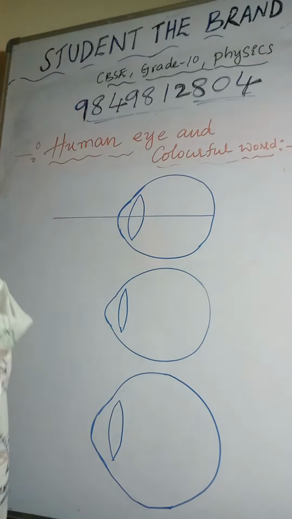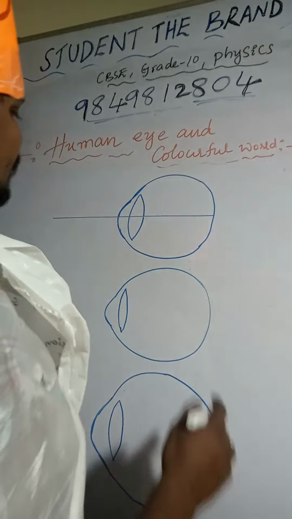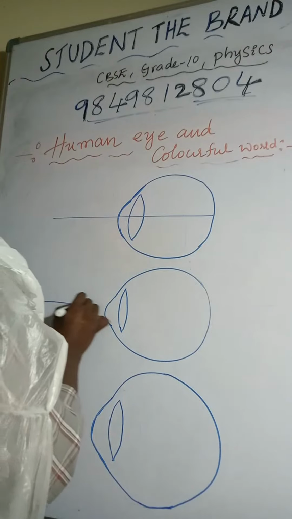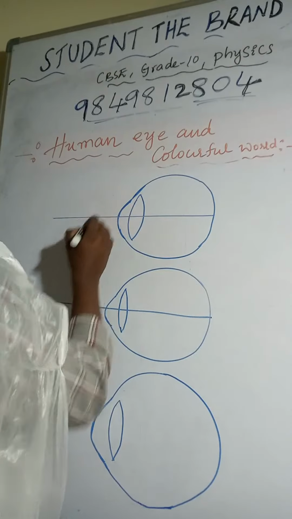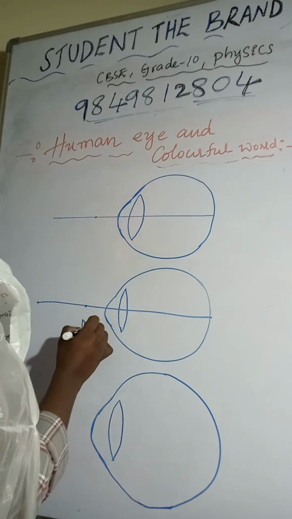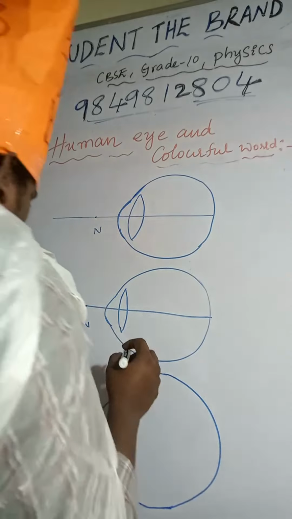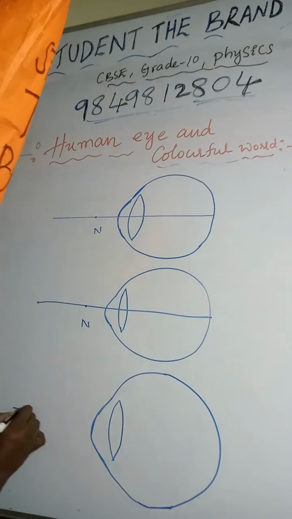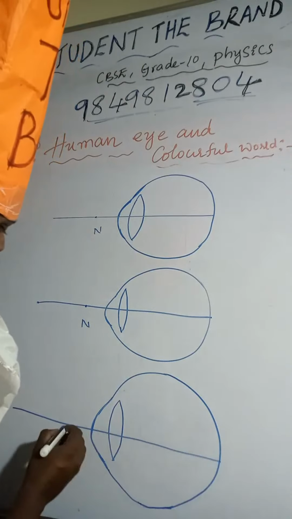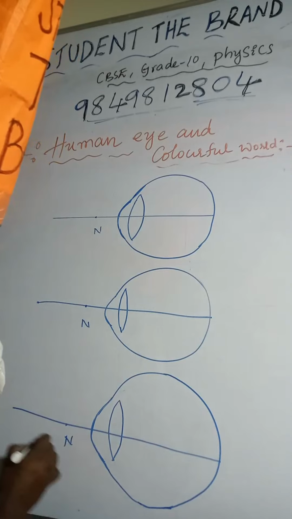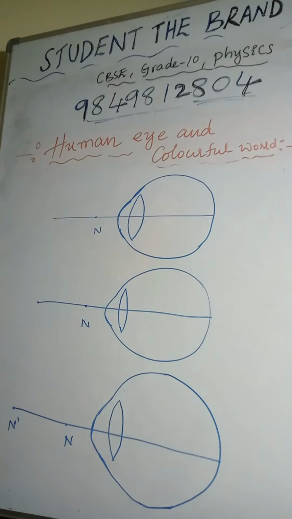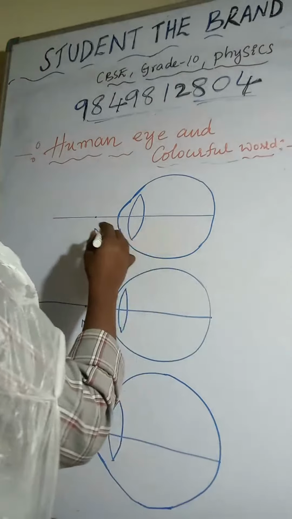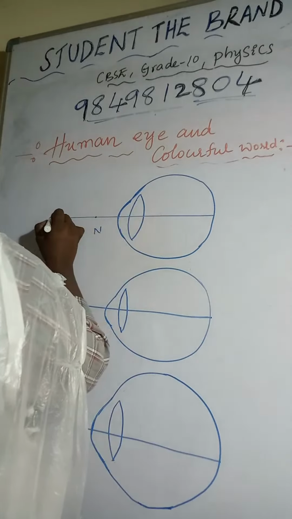Okay, so I hope it is very clear. Now you can check once. N dash. Here, the light rays are coming from this point.